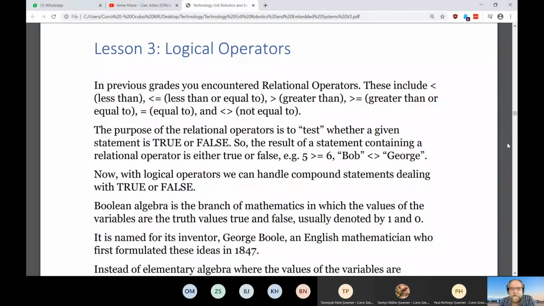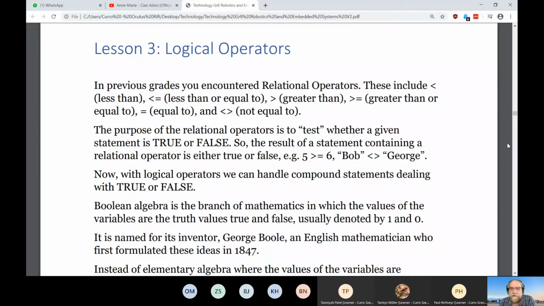The purpose of relational operators is to test whether a given statement is true. For instance, if you say 5 is greater than or equal to 6, that only has one of two possible answers. It either is true or it is false. And that's what Boolean logic is all about, and we'll get to that now.